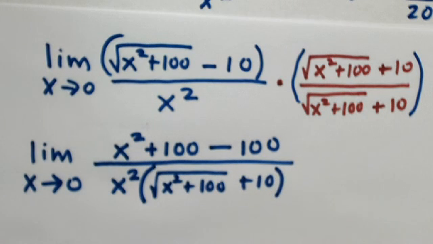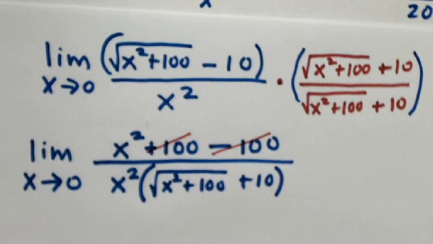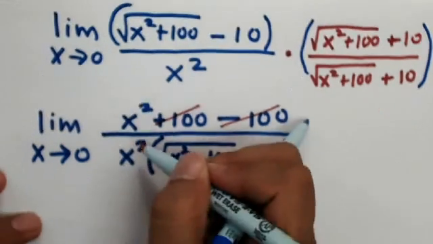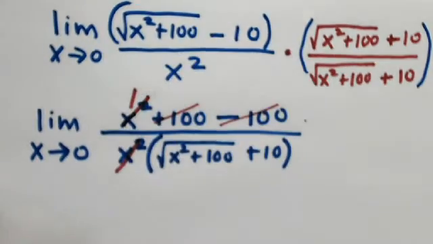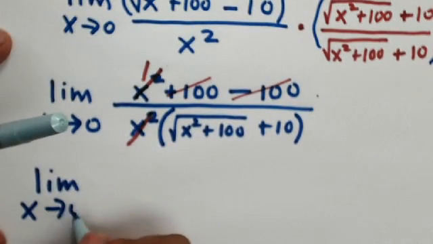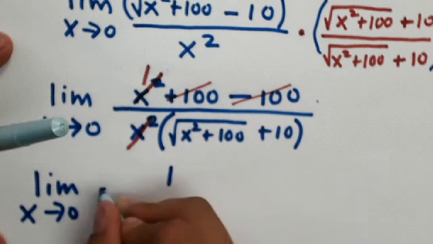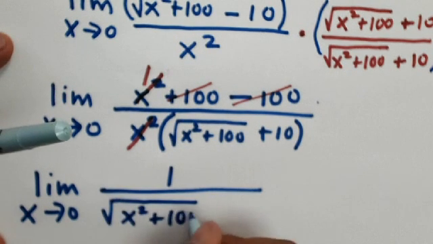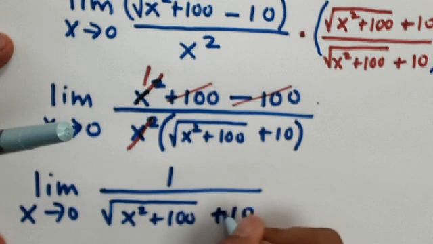Well, nice that these two terms would cancel. And look, x squared divided by x squared. What is x squared divided by x squared? 1. We're left with the limit as x goes to 0 of 1 over the square root of x squared plus 100 plus 10.